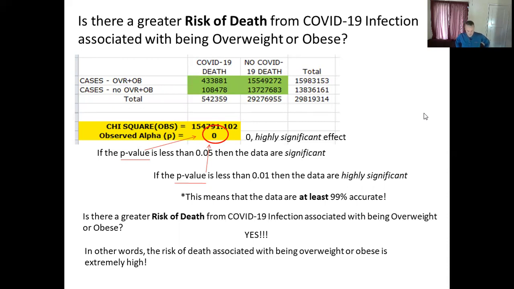So that's what we're going to look at here: the risk of death. Is there a greater risk of death from COVID-19 infection associated with being overweight or obese? Because the heart disease risk factors started to emerge.